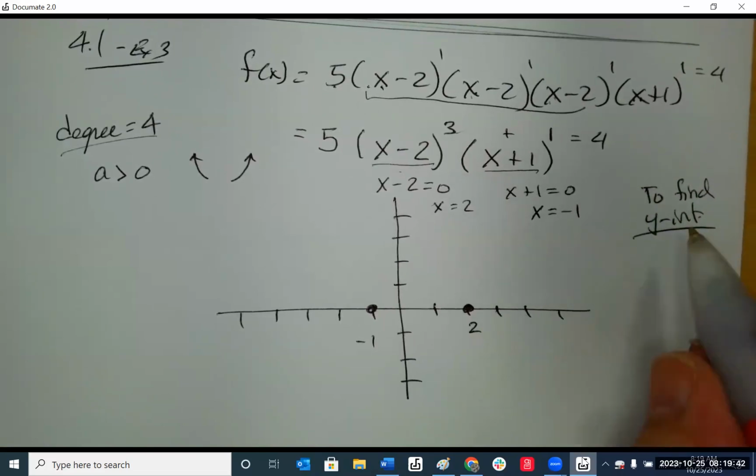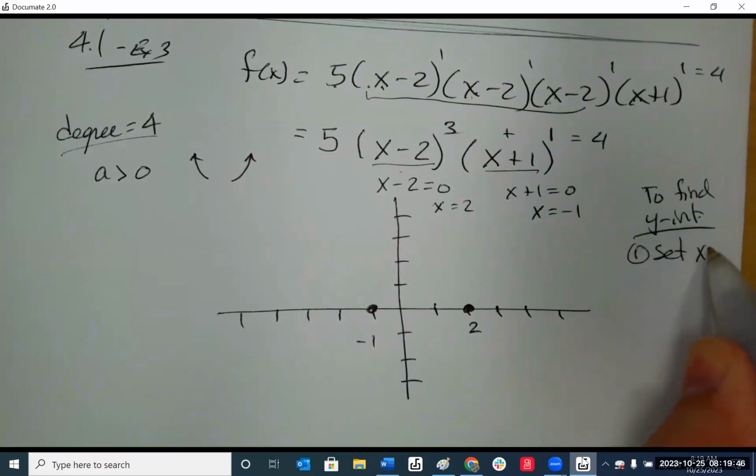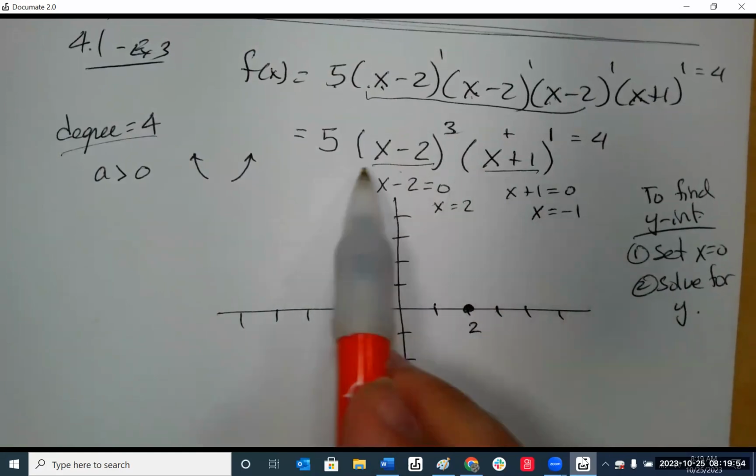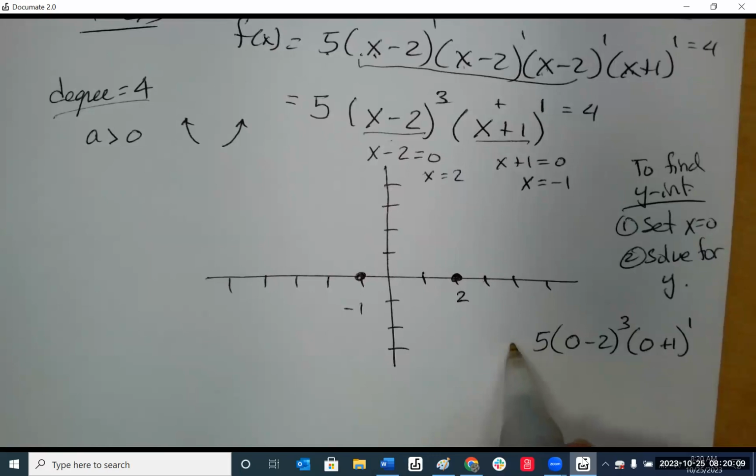This goes back to chapter 1, section 2. Set x equal to 0 and solve for y. So in this equation, I set x equal to 0 and I solve.